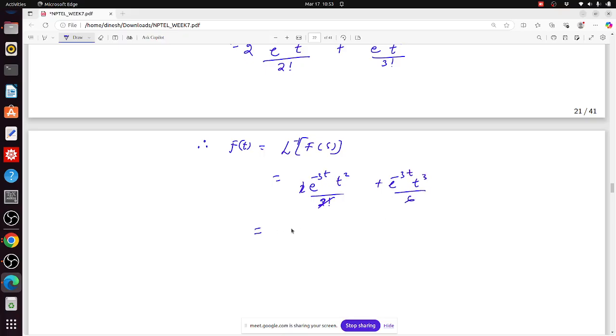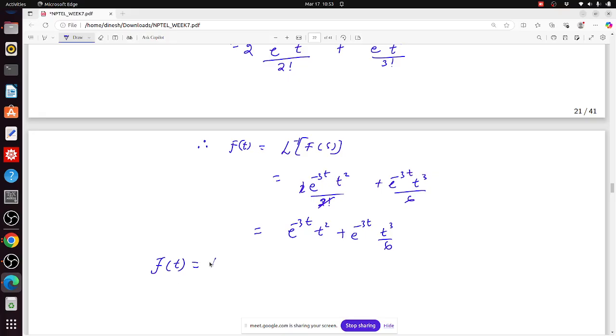So we'll get e to the power minus 3t t square plus e to the power minus 3t t cube by 6. So again we have to find f of t at t equal to 1.